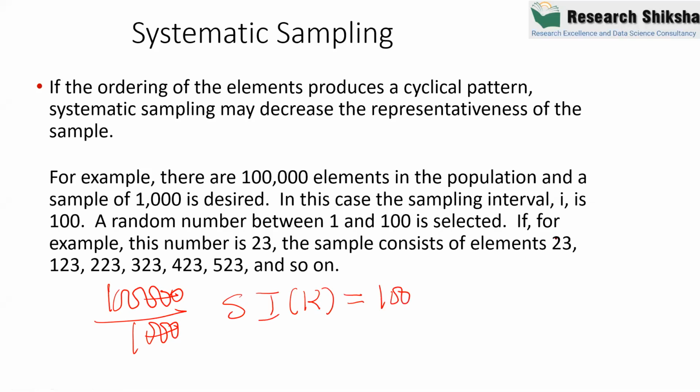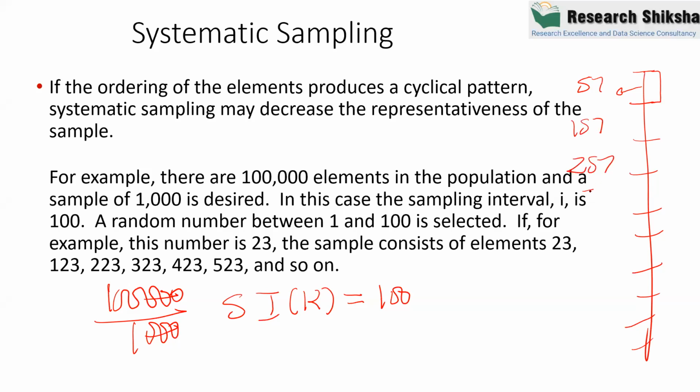Okay, so now I divide this population into intervals of 100. I will pick any first one from the 100, and suppose it comes out to be 57. So the next person will be 157, 257, 357, 457, and so on.